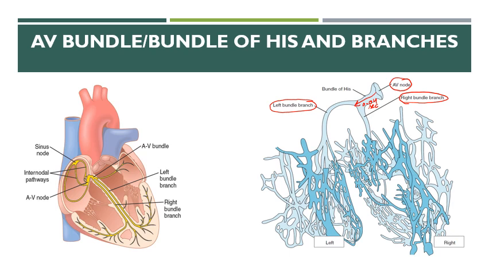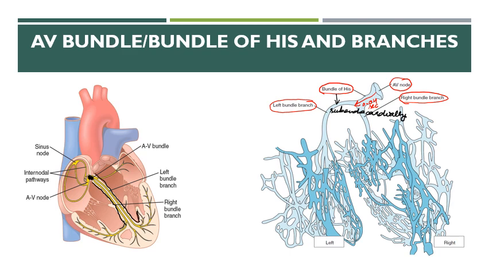The bundle of His passes subendocardially on the right side of the interventricular septum, that is present between the two ventricles.